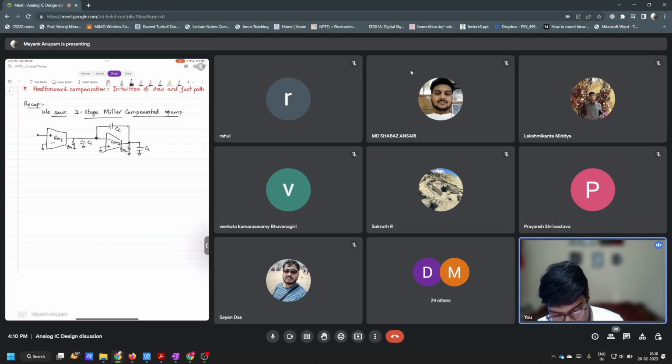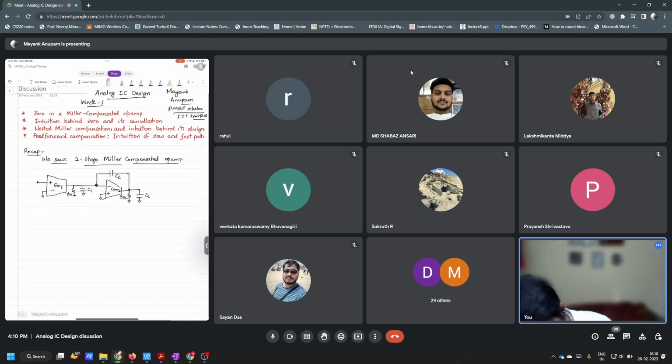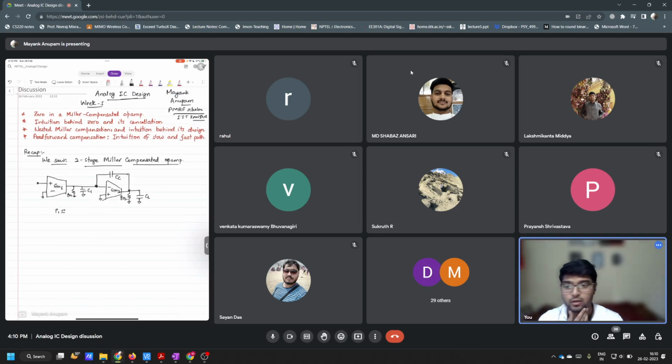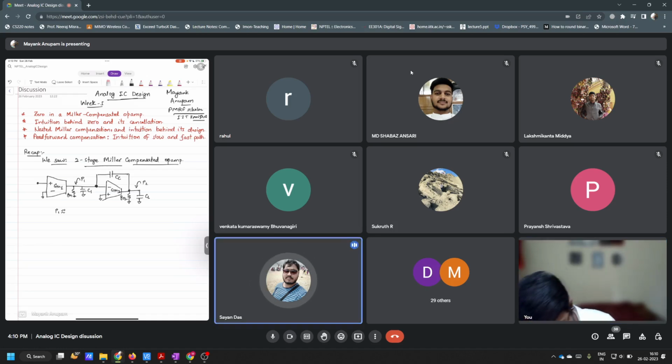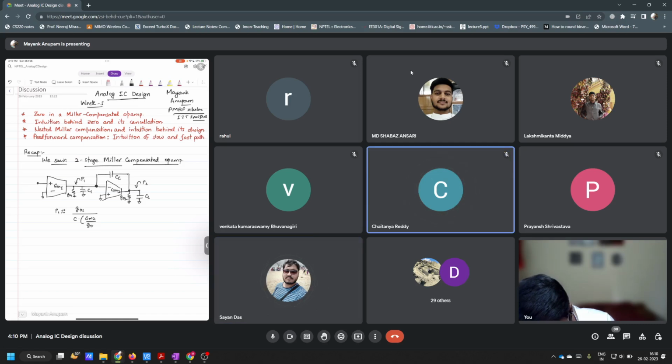And in this we analyzed it in detail, and we saw that its pole P1 was approximately given by what? Can anyone tell me the approximate location of pole P1, the first pole at this node? GO1 divided by CC times GM2 by GO2 plus 1, plus C1.